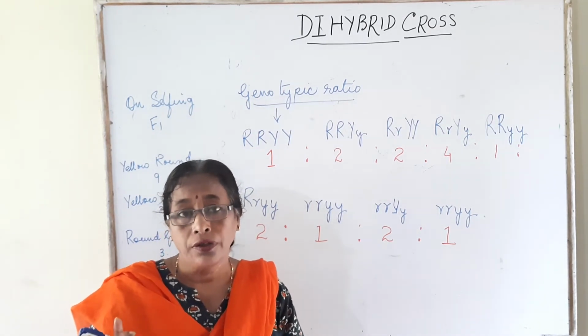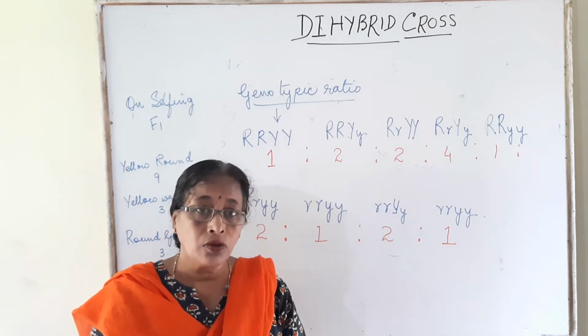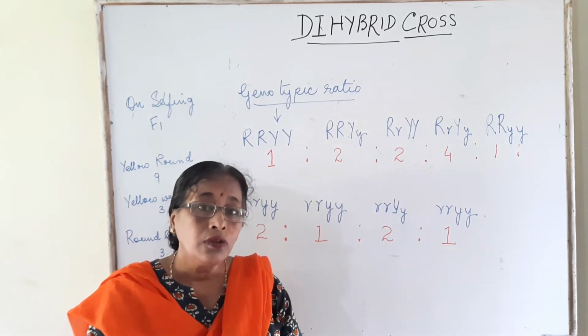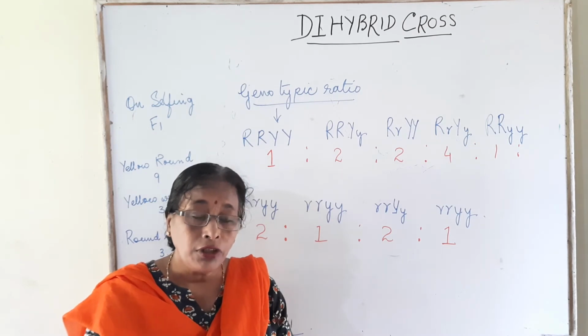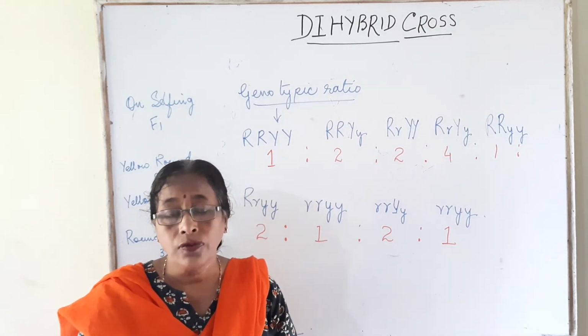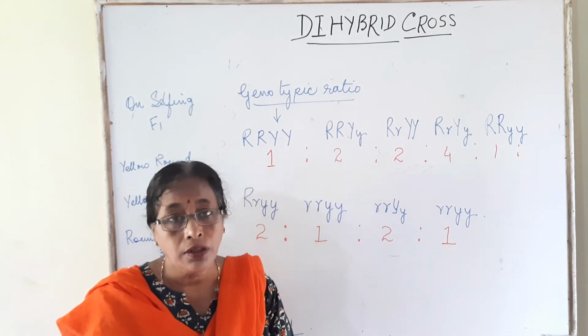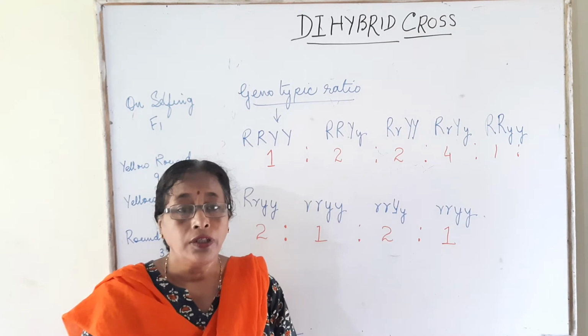He took 2 contrasting characters. In his trihybrid cross experiment, he got the same results. That is, when 3 pairs of contrasting characters were taken, one of the characters segregated and became independent of the other. There was no blending of characters.